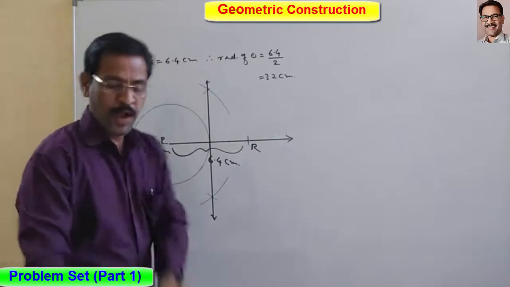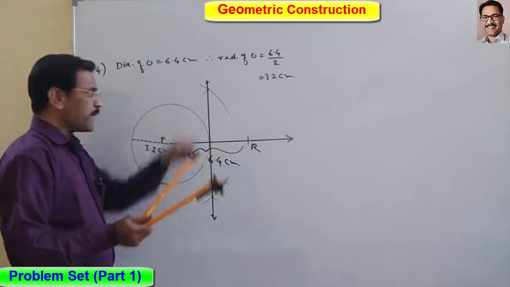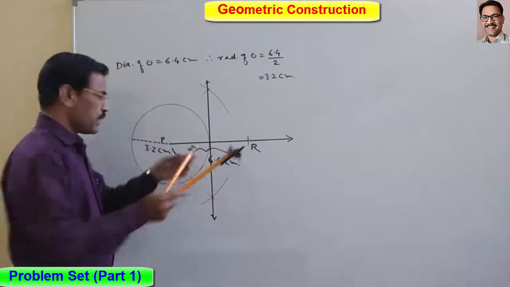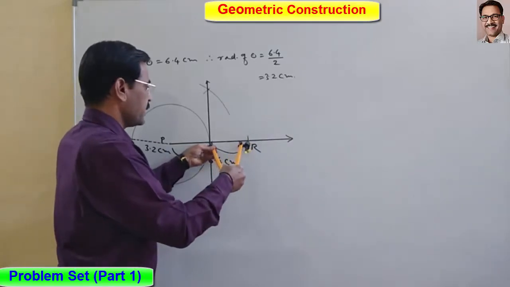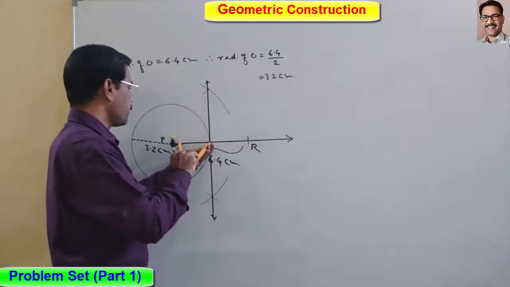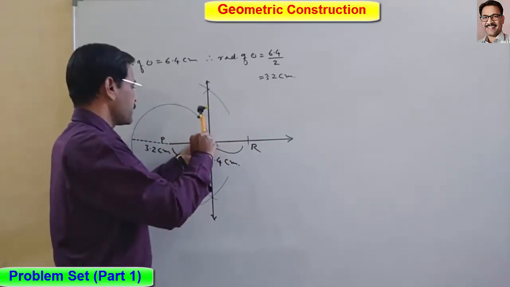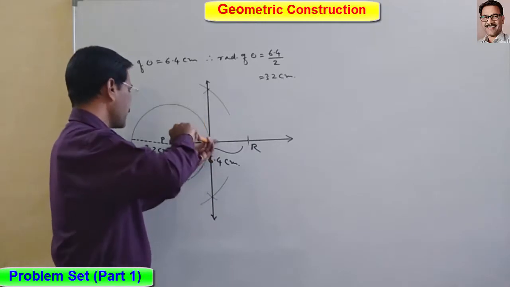Okay? Now, after getting this perpendicular bisector, we are going to draw one new circle like this. Okay? This should pass through the center as well as through R. Okay friends, take this much distance and try to draw one circle.